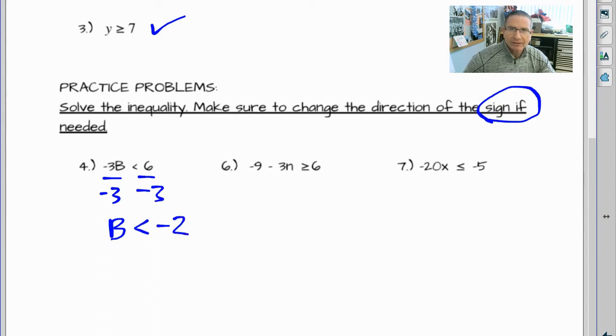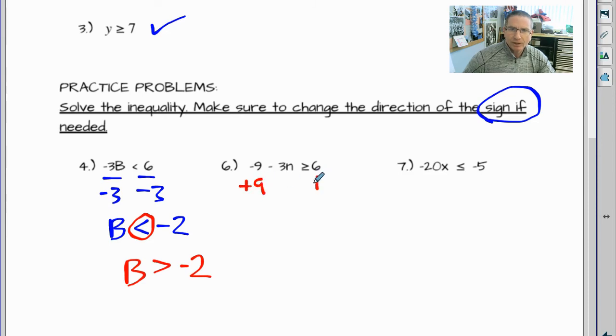The sign right here has to change when we multiply or divide by a negative number. So it'll actually be is greater than -2. So we just have to be careful of that.